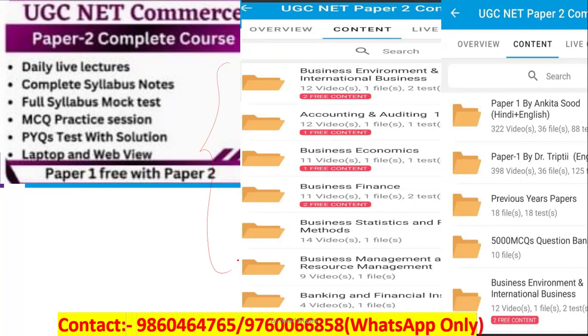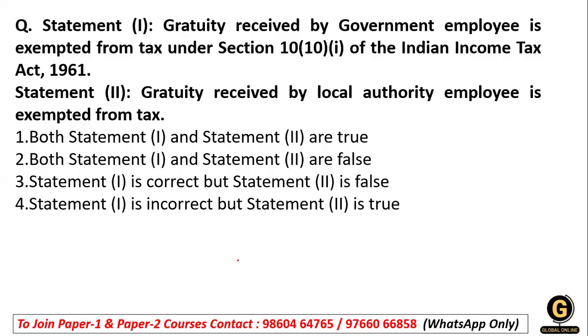Okay, let's start with our first question of today. The statement is given in this question. Statement 1 is about the gratuity received by a government employee being exempted under section 10(10) of the Indian Income Tax Act 1961. The second statement is that gratuity received by a local authority employee is exempted from tax.